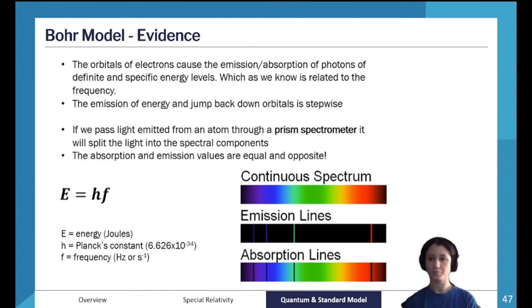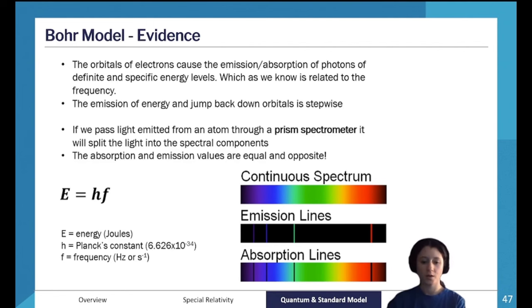So then obviously our emission and absorption lines are kind of opposites, right? The frequency of light that an electron will absorb is opposite to that of what it will emit, which is really cool. All right?